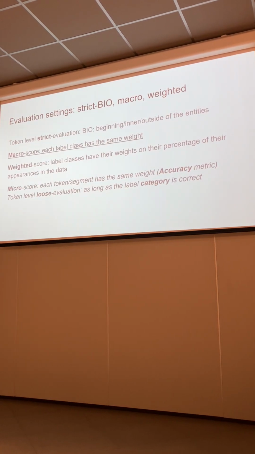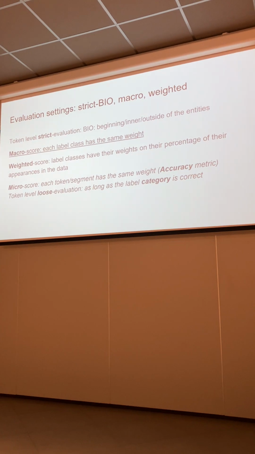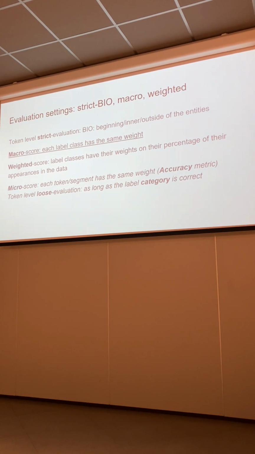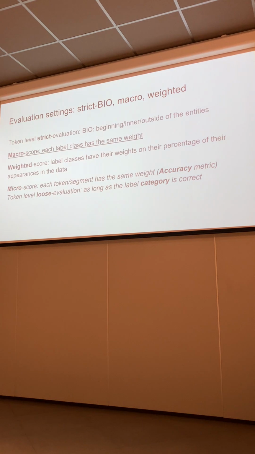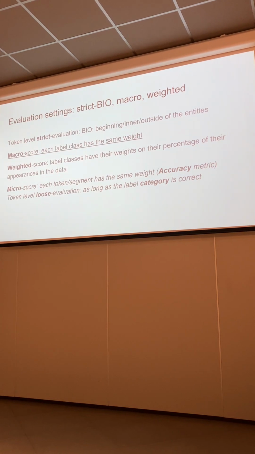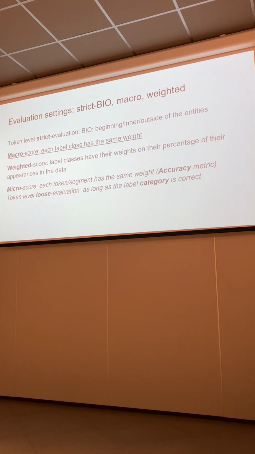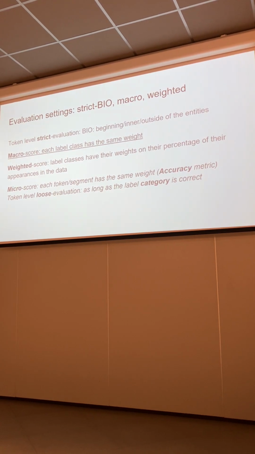For evaluation, we did a broad evaluation including macro, weighted score, and micro. For whoever is not familiar with the evaluations, macro treats each label with the same weight. For example, in electronic health records, the majority of the tokens can be context instead of keywords. So the context label, let's say, can carry a heavy weight.